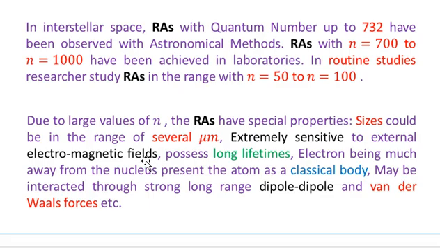So this is another property: the atom is very big, the electron is located at a much larger distance from the nucleus, and so the atom becomes extremely sensitive to external electric fields independently. You can also call it a magnetic field independently, or both. If both fields are present, then of course it is also very sensitive to the magnitude of both electric and magnetic fields. They also possess long lifetimes.